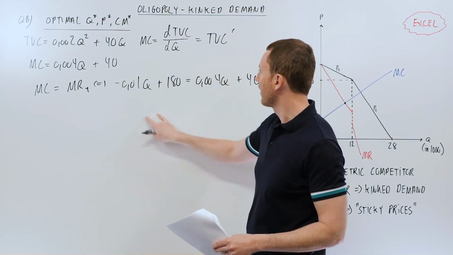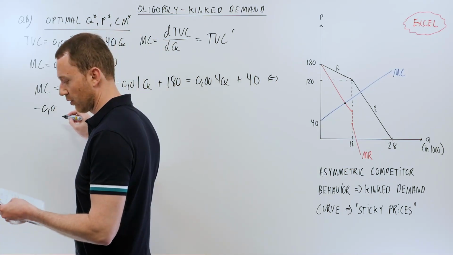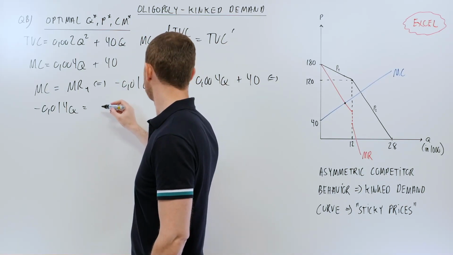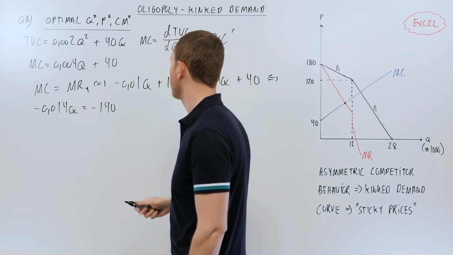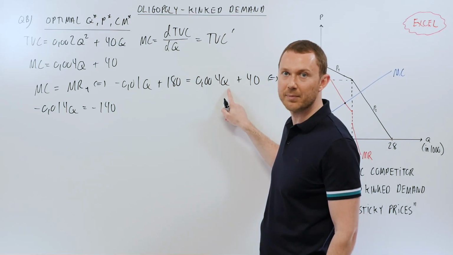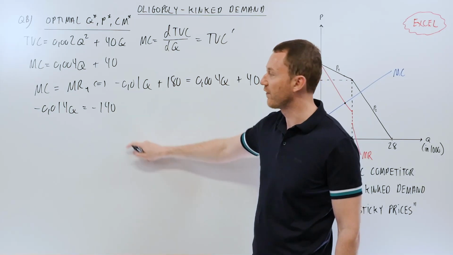If I move this over to the left side, then I get minus 0.014 Q equal to minus 140. That's because 180 comes over to the right side, becomes minus 180, plus 40 is minus 140.